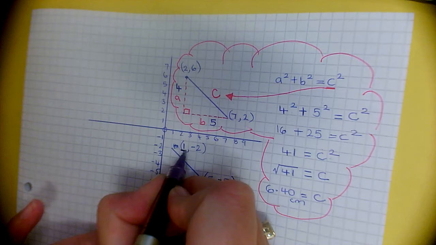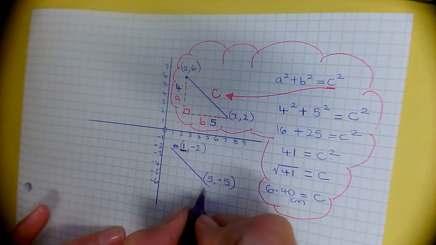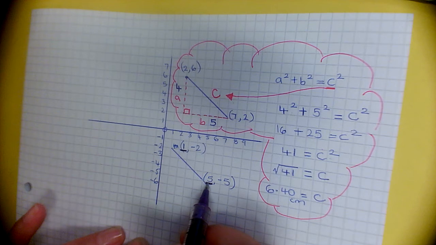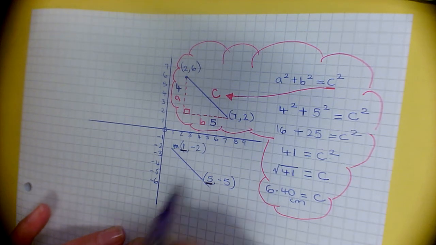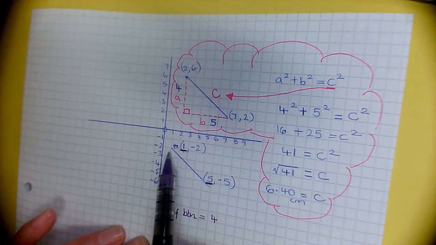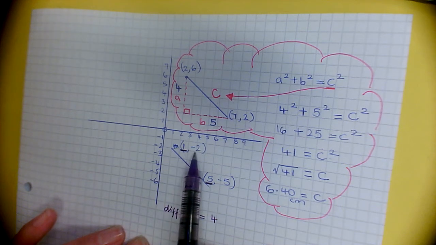If I look at my first coordinate pair, my x value on this pair is 1 and on this pair it's 5. The difference between 1 and 5 is 4. I'm just going to write that in shorthand, is 4. What that's saying is that we started off here at 1 and we've gone across 1, 2, 3, 4, which gives us 5.